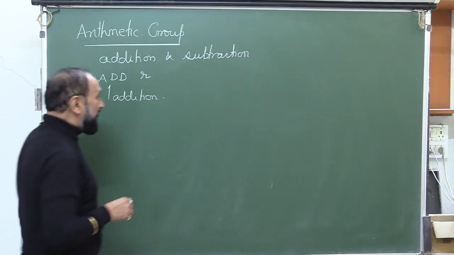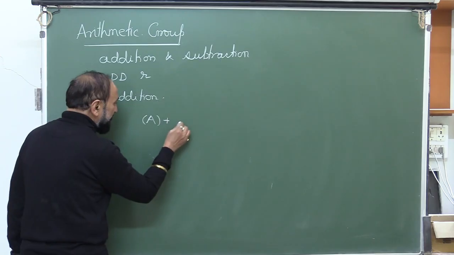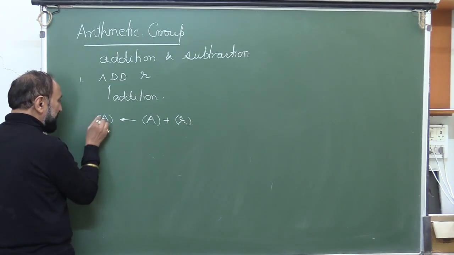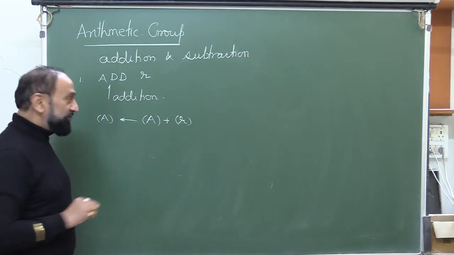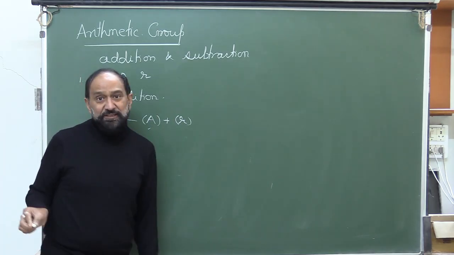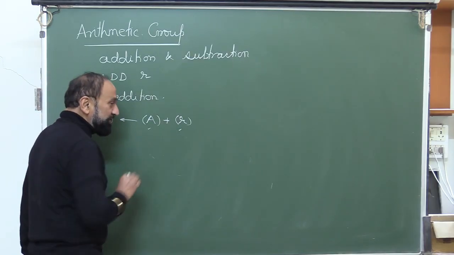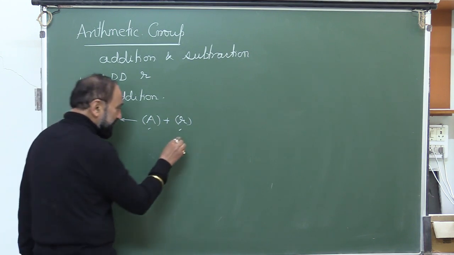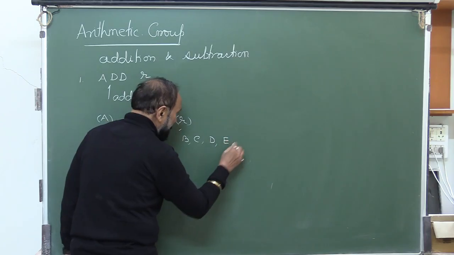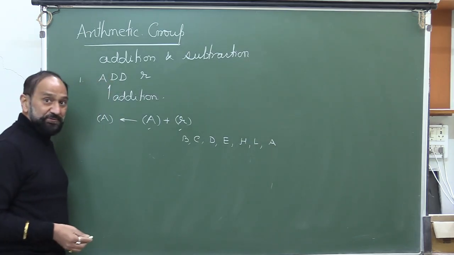So when we say ADD R, it means add the contents of the accumulator with the register R and store the result back into the accumulator. There is no need to specify the accumulator; by default it provides one operand. The second operand may come from any of the internal general purpose registers B, C, D, E, H, L, or it could be the accumulator also.